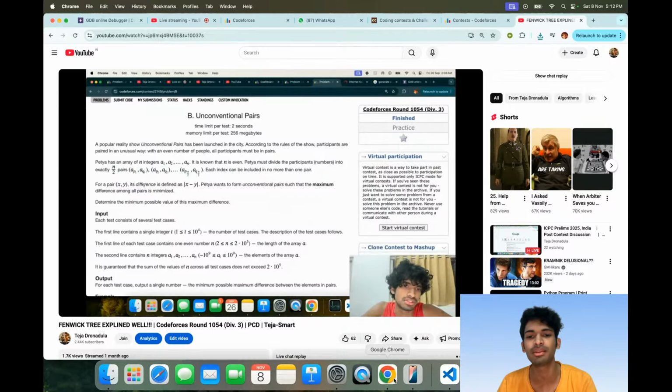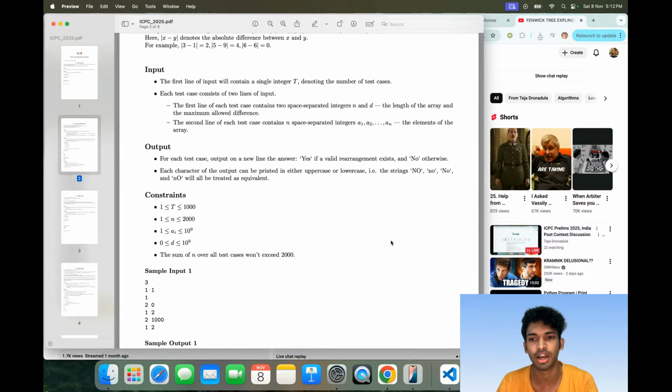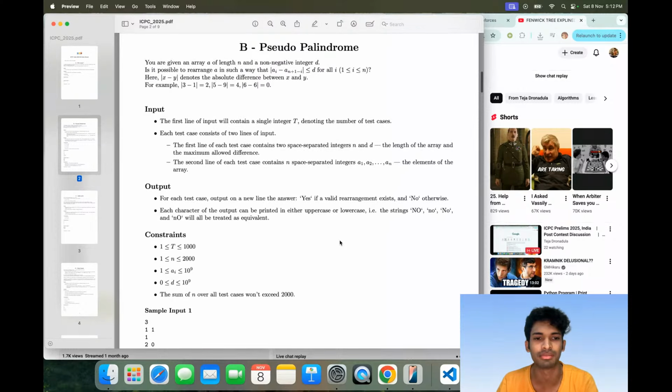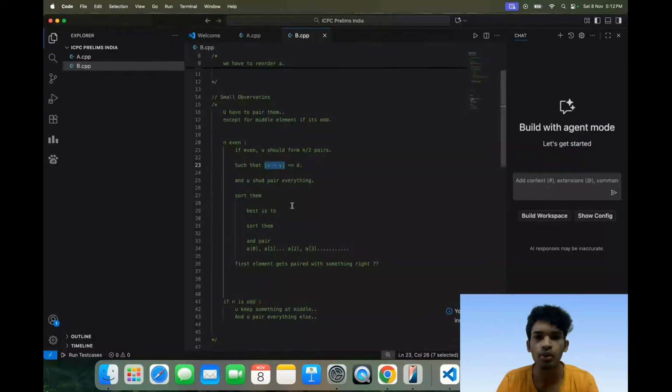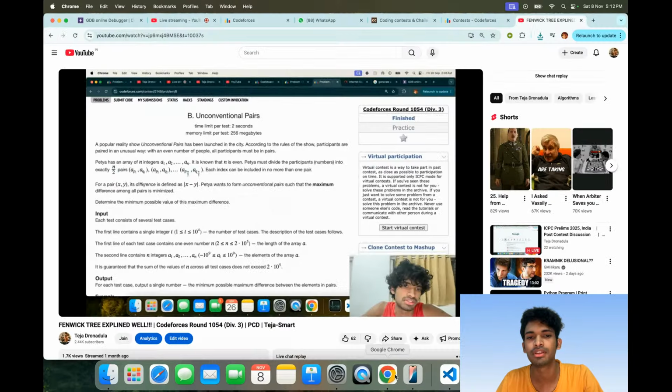I know you people will guess something and submit something, but you see, you have to pair them such that everything is less than or equal to D. You have to pair them such that this difference is minimized. Both are the same.